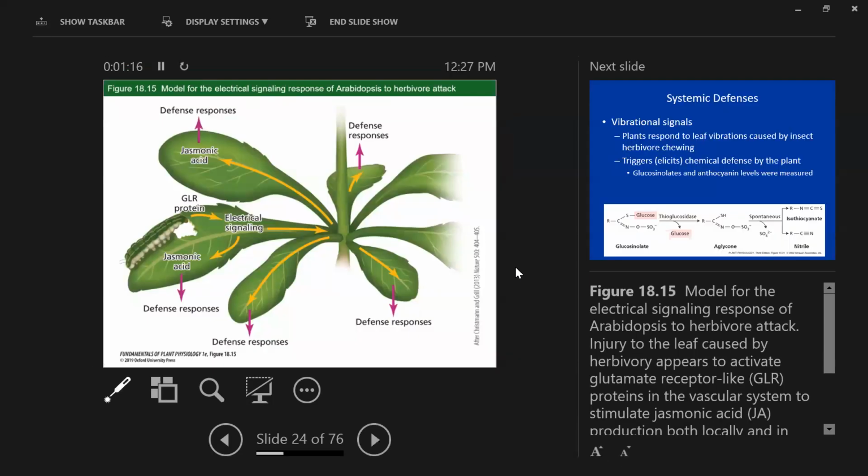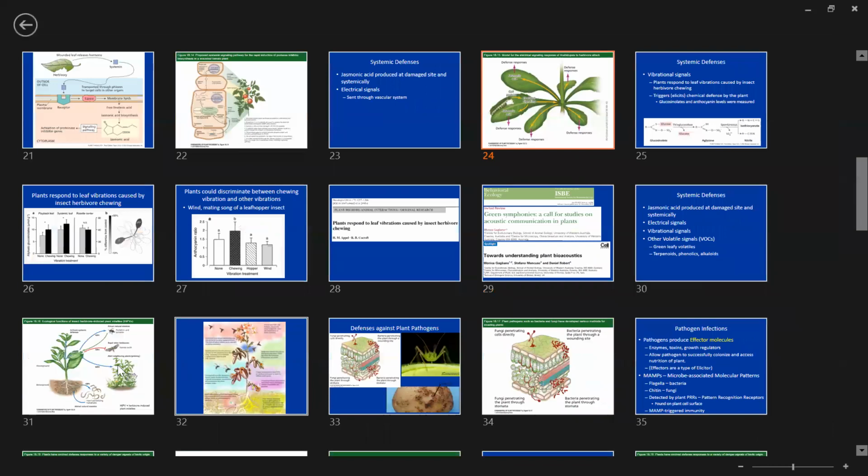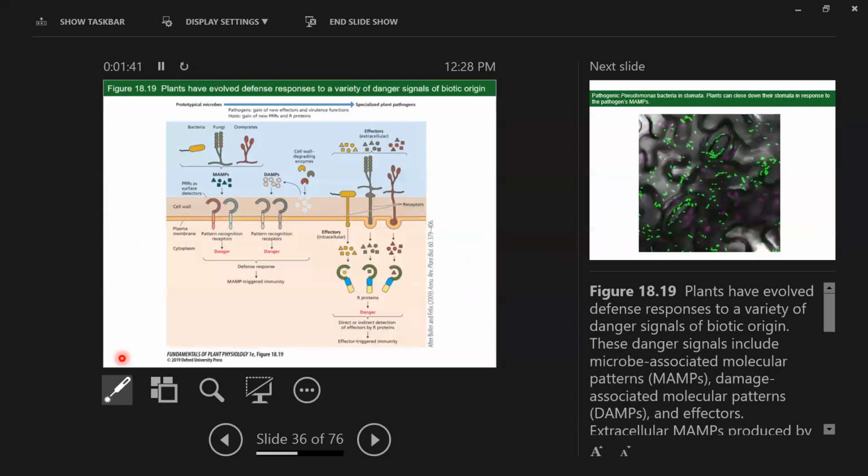Figure 18.15. It's another one on the word outline. So again, just thinking about all the different ways that they can send the signal systemically. And then figure 18.16.